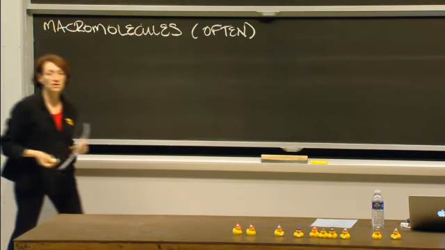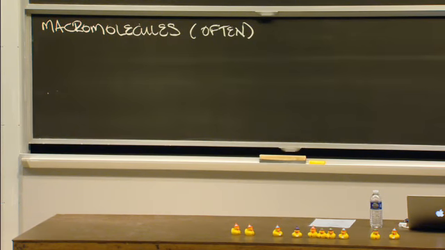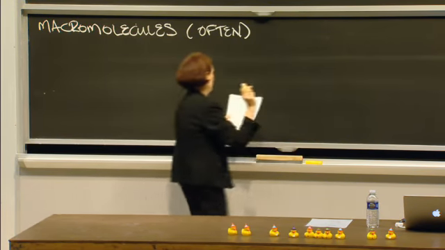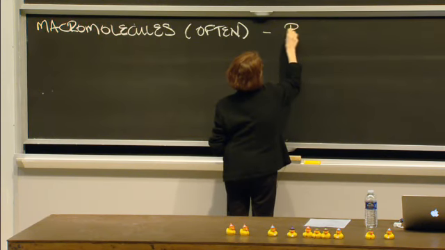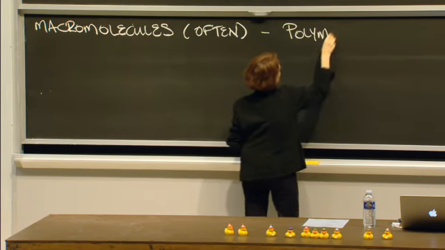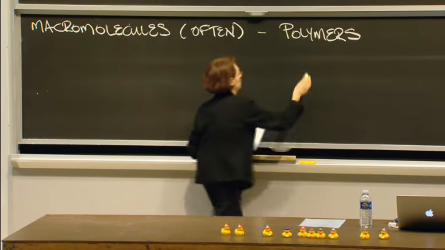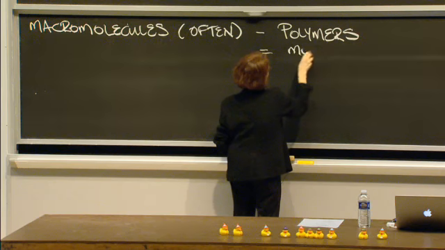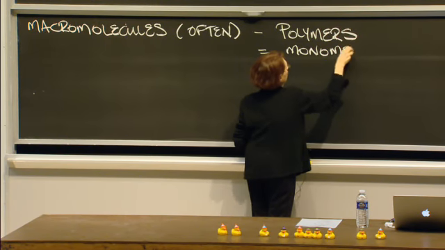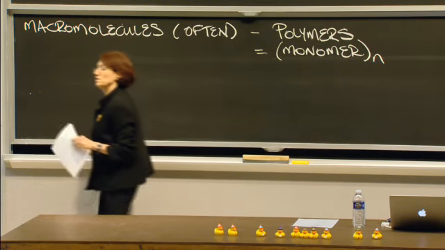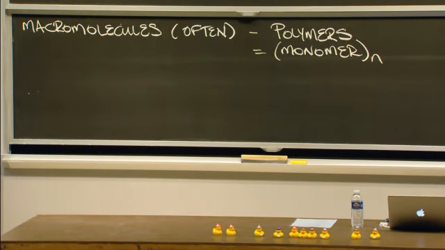Biological molecules are often macromolecules, and these macromolecules are often polymers. Not always. A polymer is some kind of repeat of a monomer n times.